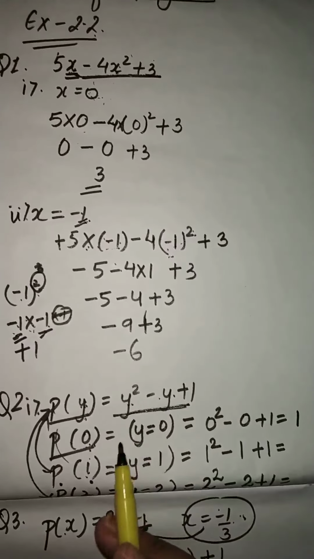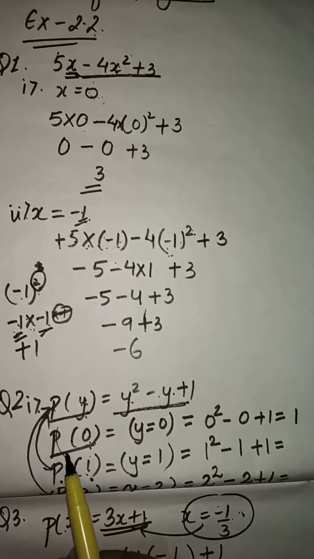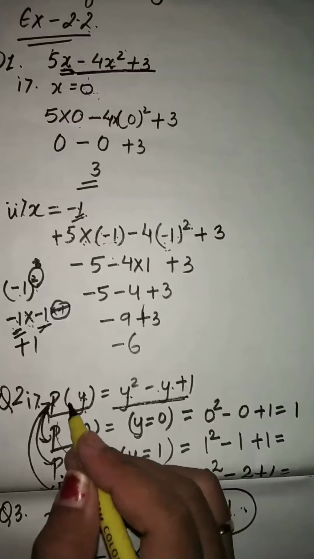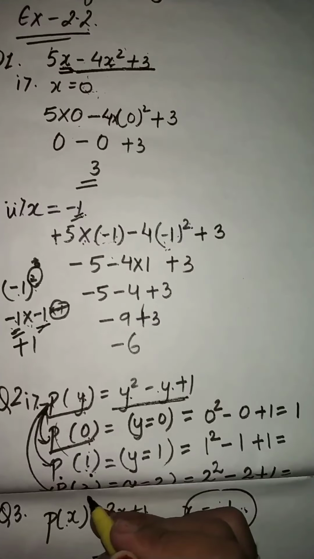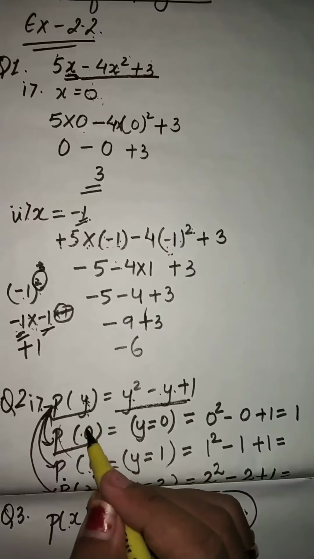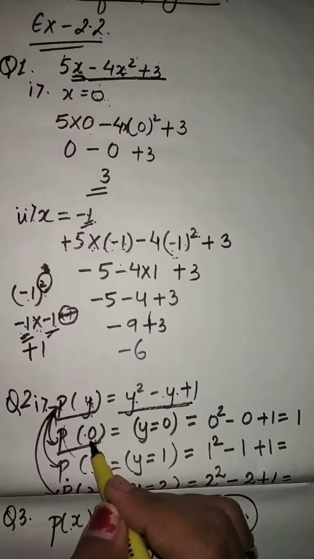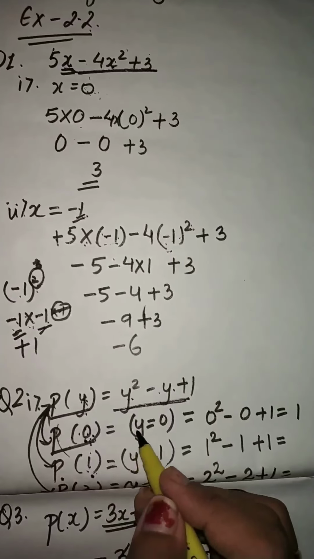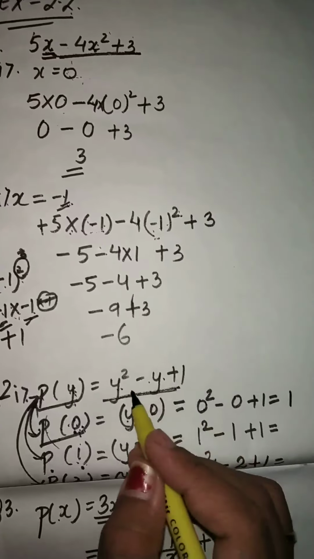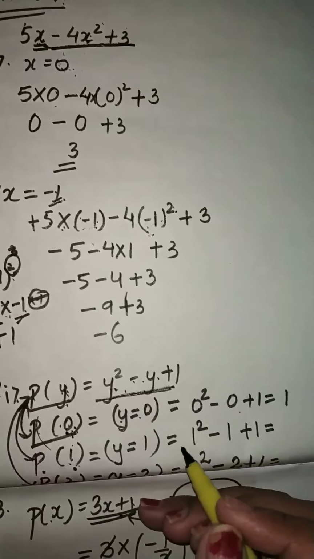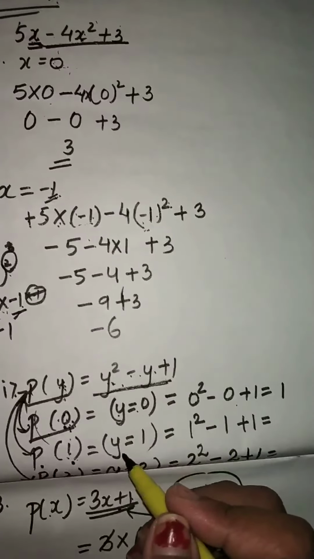What we have to find is P of 0, P of 1 and P of 2. Comparing the first one, instead of y we have 0. What does this mean? The y value is 0, so simply put the value of y as 0 in the expression and solve it.